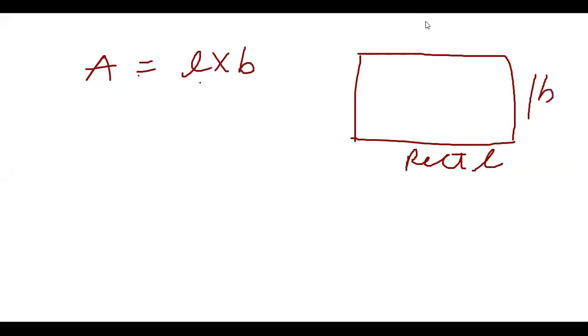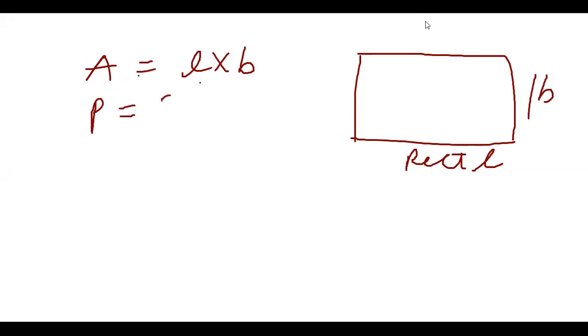Then what is the area of rectangle? Area of rectangle is length multiply breadth. This is given length and this is breadth. Then area of rectangle is length multiply breadth.